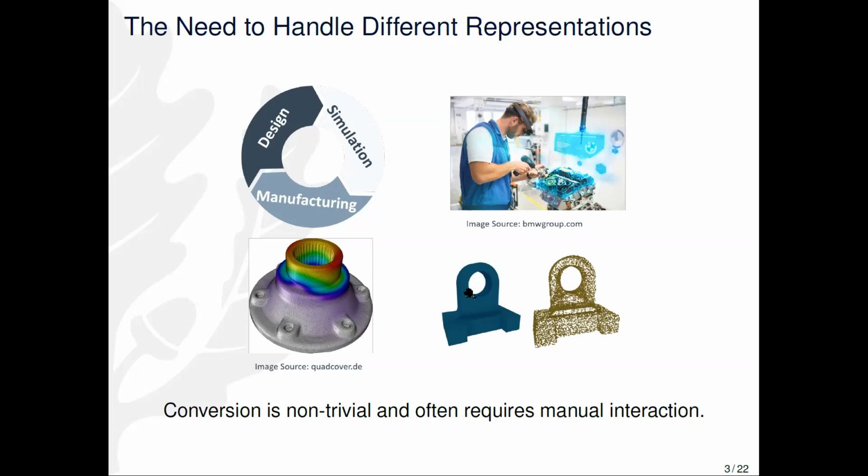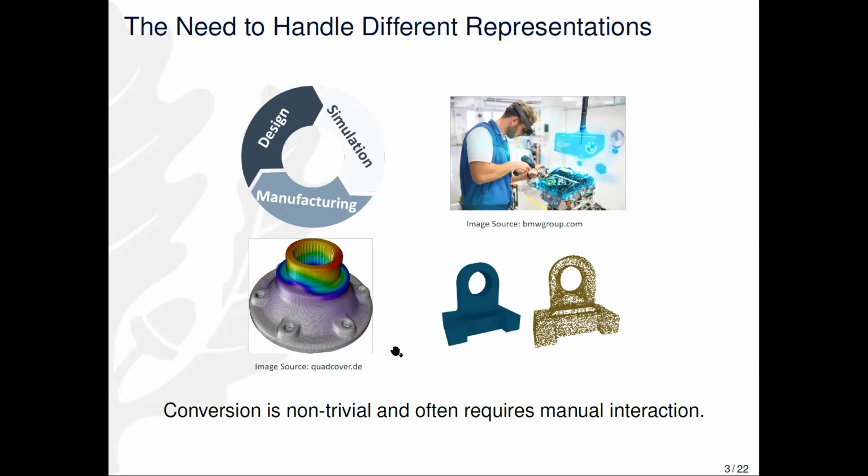It means that they can either work on one representation or they cannot guarantee consistency across different representations. And conversion between different representations is non-trivial.